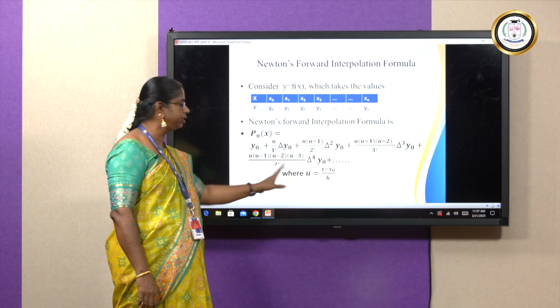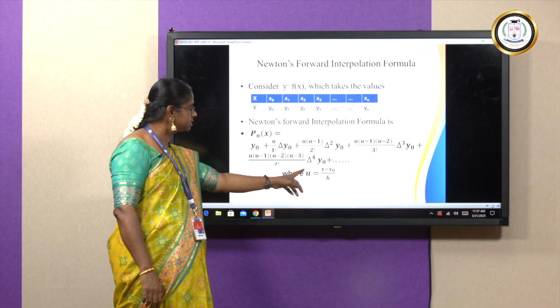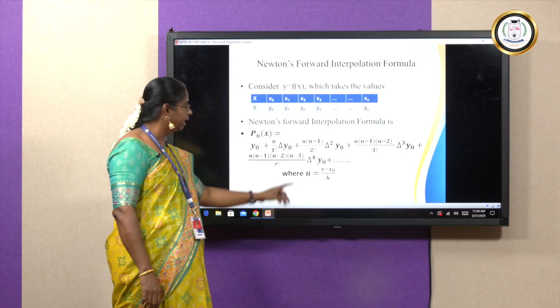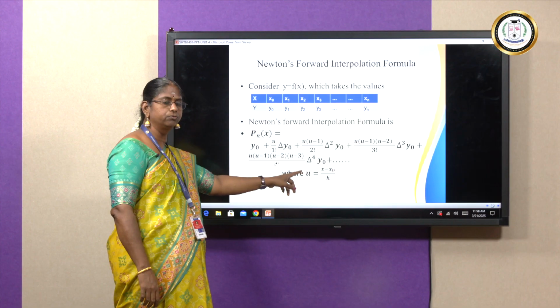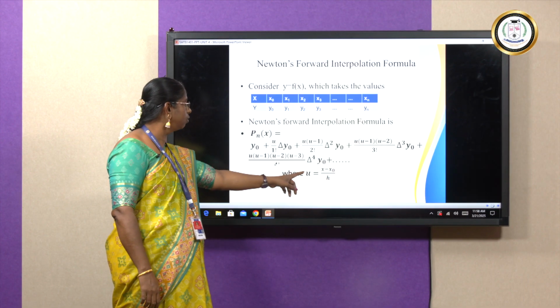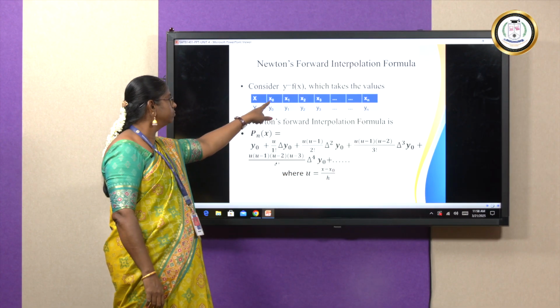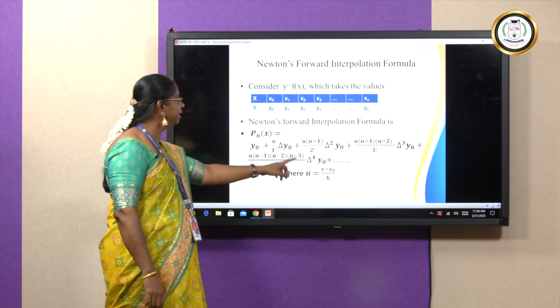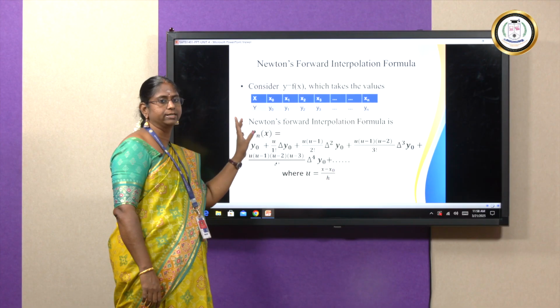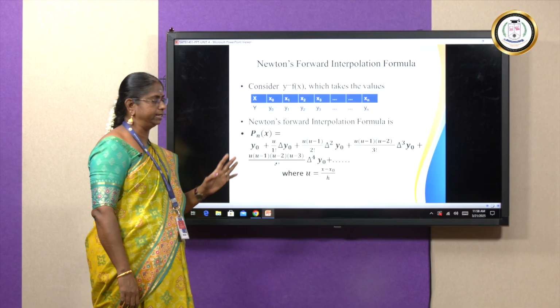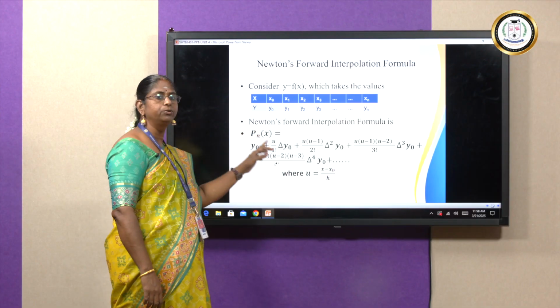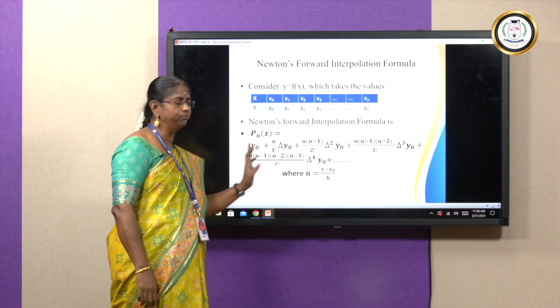And what is u here? u is x minus x0 by h, where x is the given value in the question and x0 is the initial value which is given in the table. And h is the length of the interval of x. So this is Newton's forward interpolation formula.